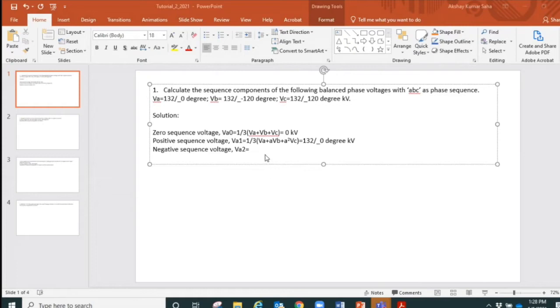Okay, let me go to the negative sequence voltage, which is VA2. Again, it's 1/3 times VA plus a squared VB plus a VC. So if we calculate that one, what will be the answer?